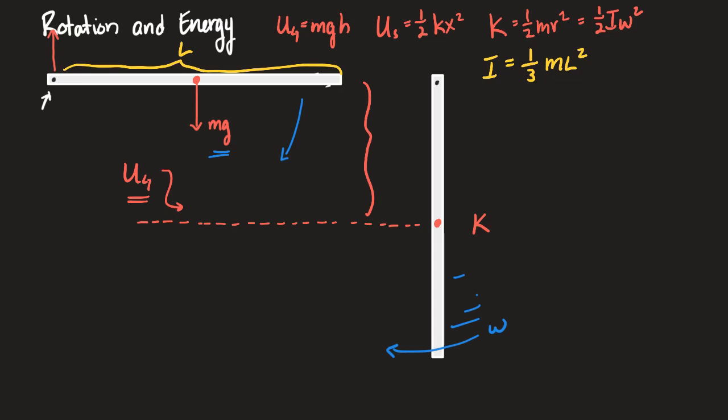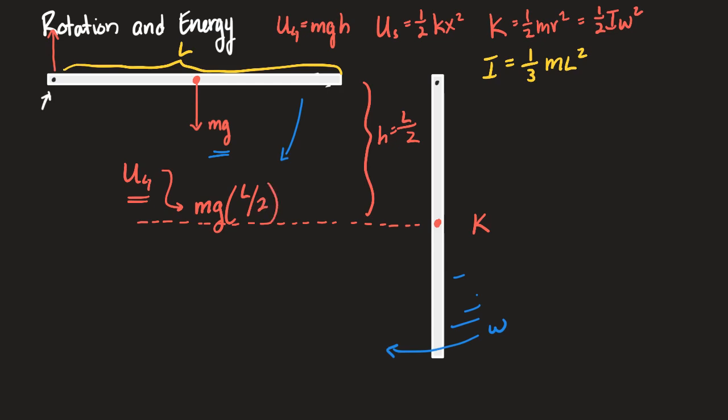So since the rod rotated in such a way that its center of mass started even with the point of rotation and ended directly below the point of rotation, then we can probably say that its change in height was L/2, which means the amount of gravitational potential energy is mg L/2.